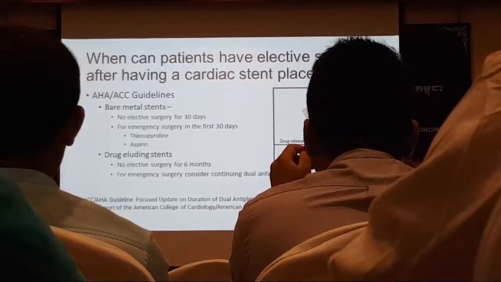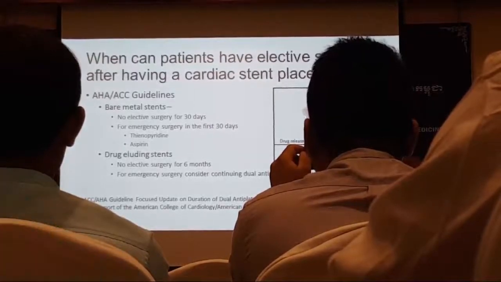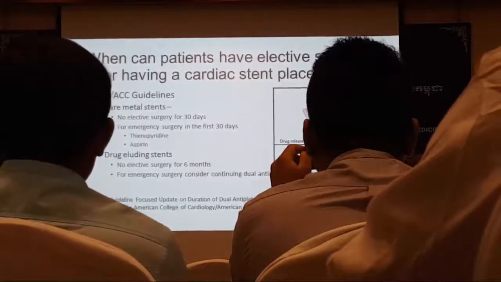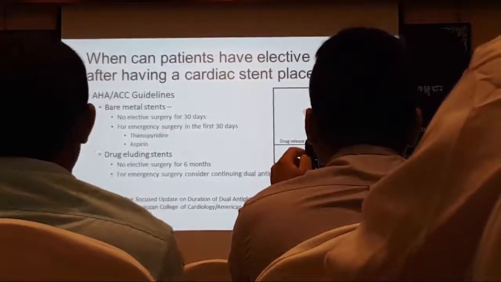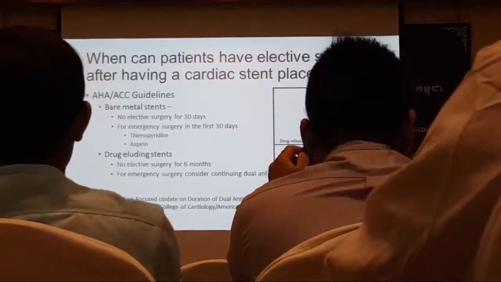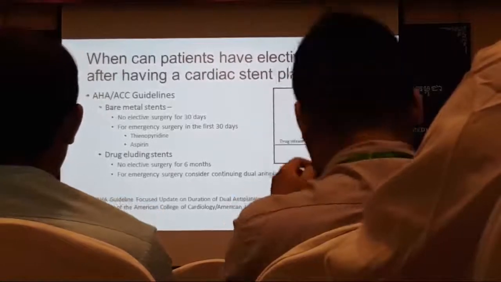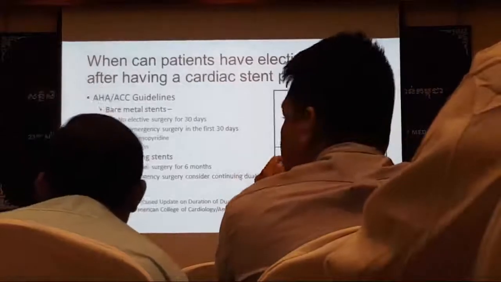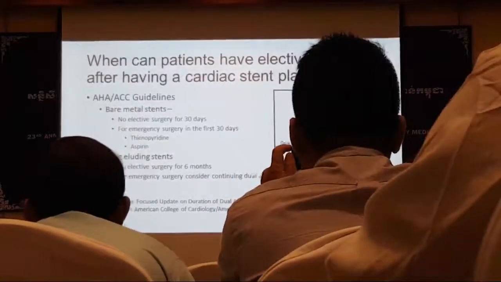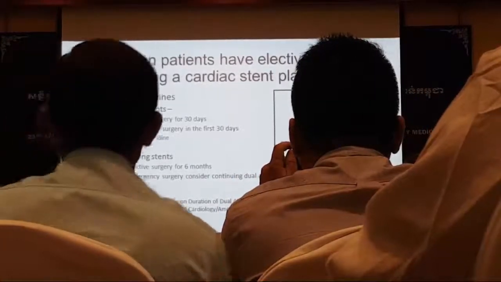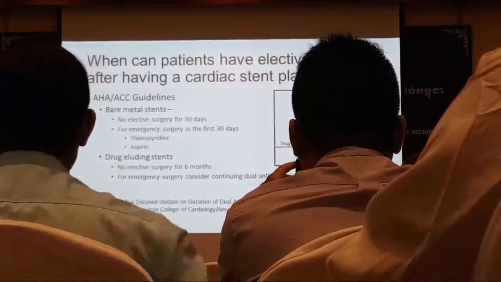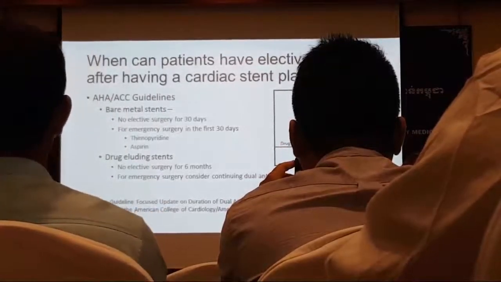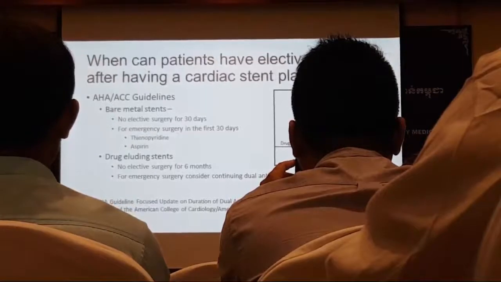The next topic is patients that have had stents placed. So it sounds like your cardiac care is getting to the point where you're doing some of these procedures. And we always come up with a patient that has had stents. And what do we do for that patient? The concern, if they have had stents, they're on anticoagulants. If we do surgery, they're on anticoagulants, they bleed.